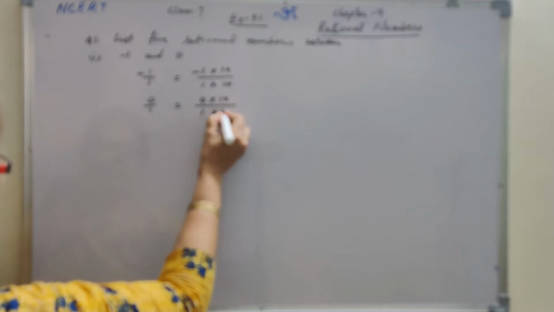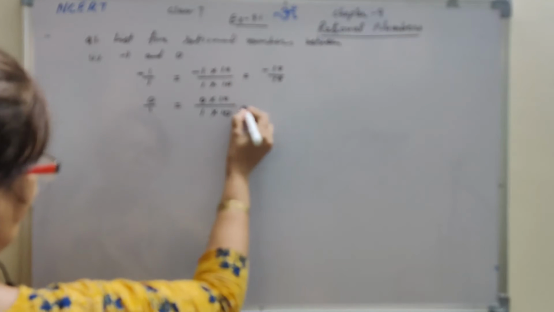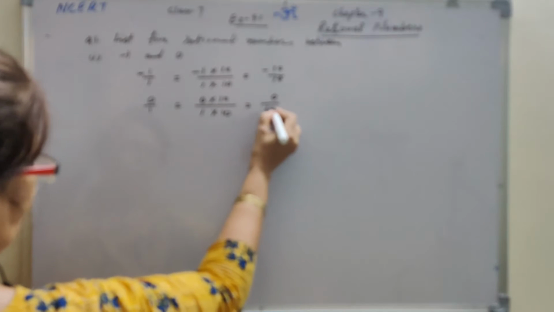To write down the 5 rational numbers between them, we will write down their equivalent rational numbers by multiplying by 10. So it will come minus 10 by 10 and this will change into 0 by 10.